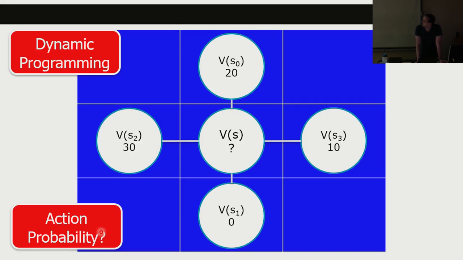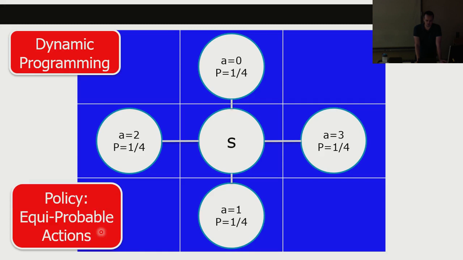So if I have these values at this state, let's just say, for example, my policy doesn't really know much yet, and so it says, just take them equiprobable, meaning with 1/4 probability I'll go up, 1/4 probability I'll go down, or left, or right.